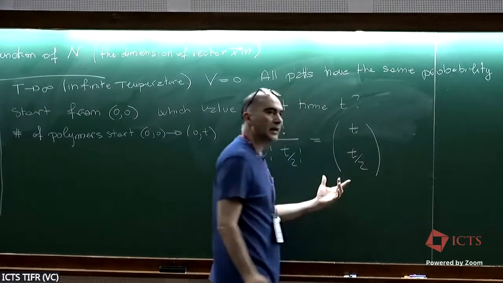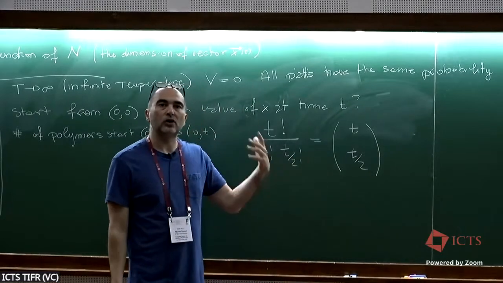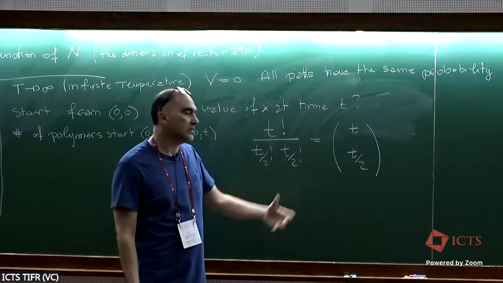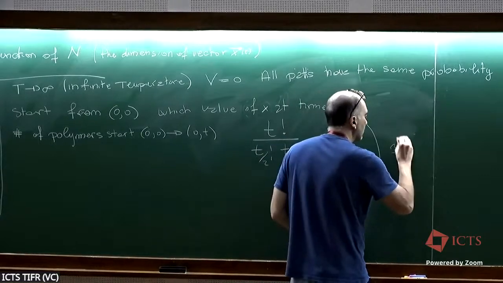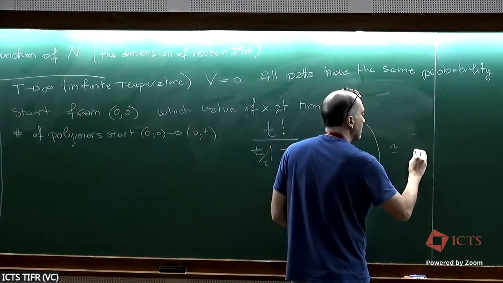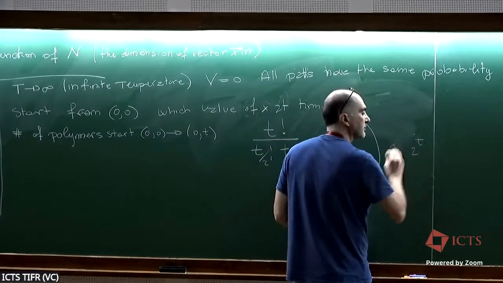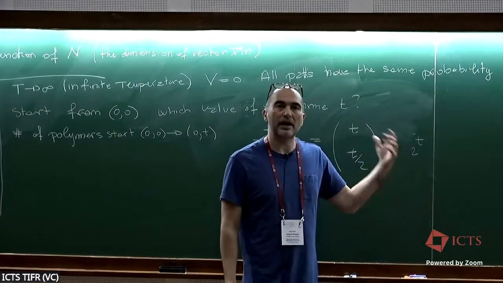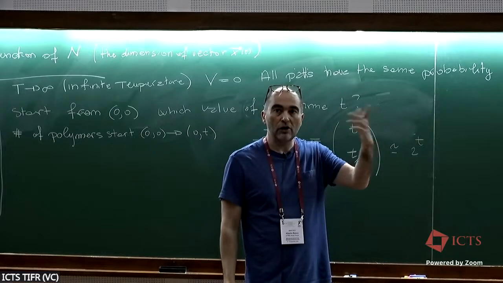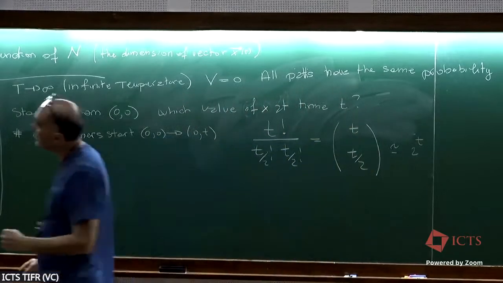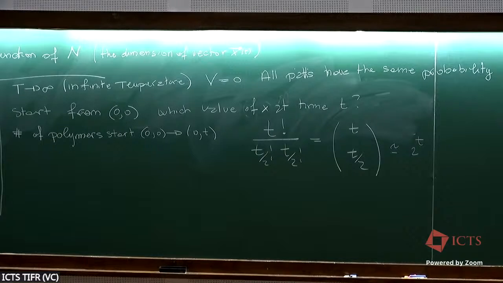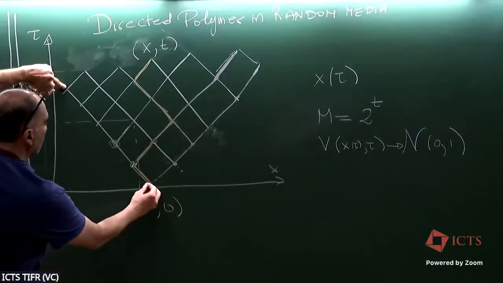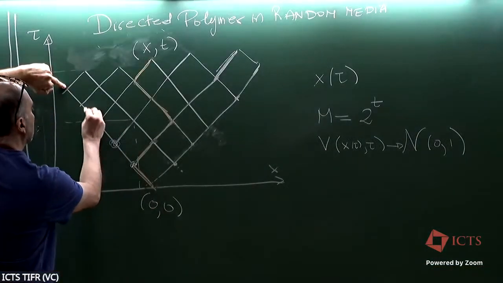Okay? And this at the dominant order, if you use the Stirling formula, is very similar to 2 power t. So most of the paths, a big fraction of the paths, end up at the origin, while you have only one path that ends up here, at the border, where you have to do -1, -1, -1, -1.